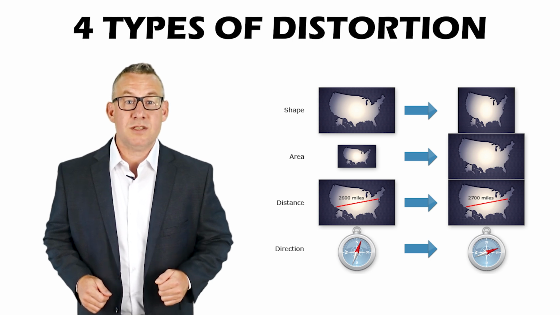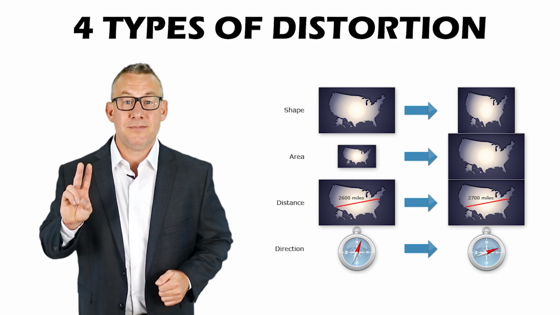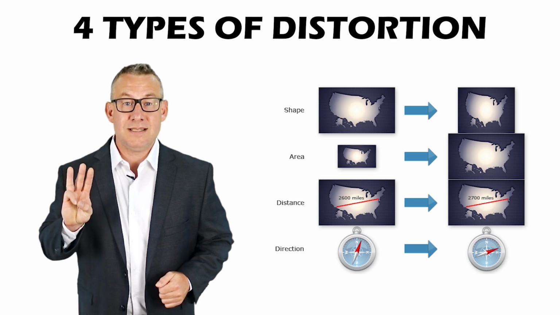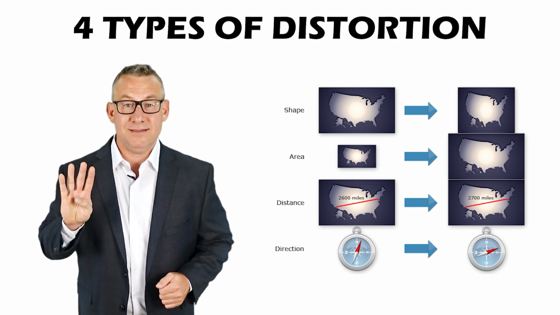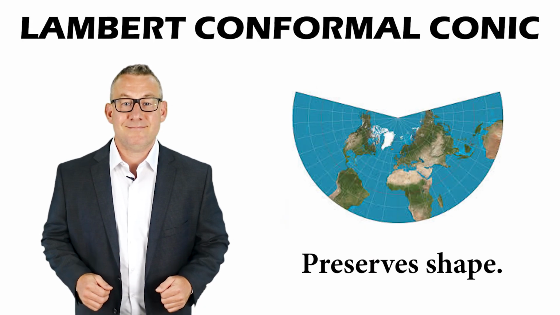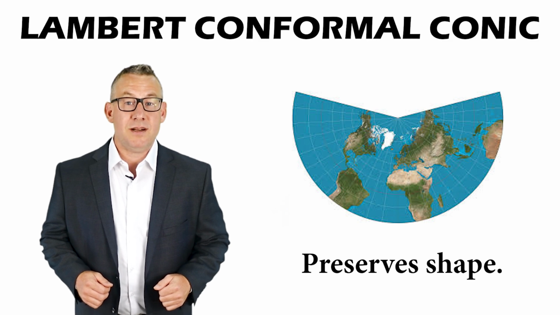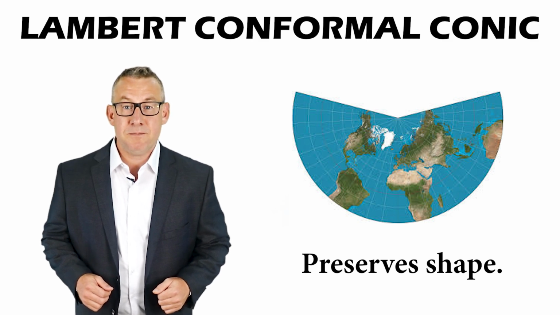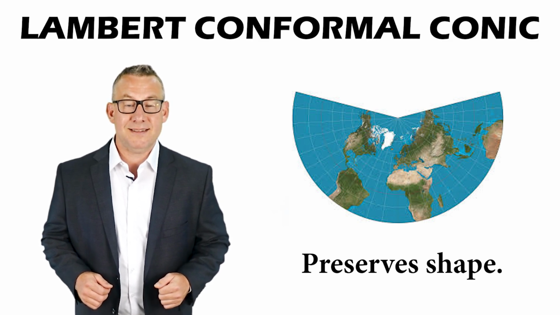There are 4 types of distortions in projections: area, shape, distance, and direction. A projection commonly used to preserve shape is the Lambert conformal conic.